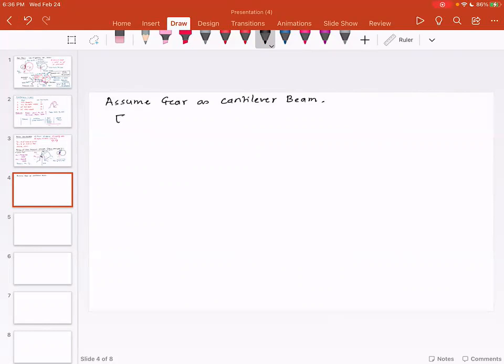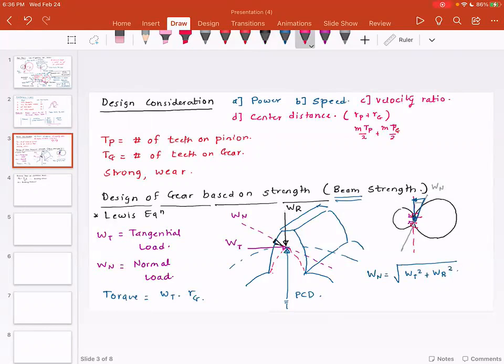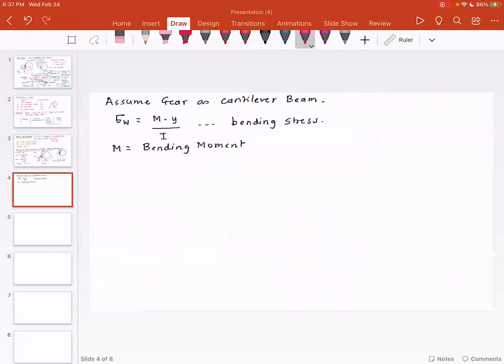So I'm going to find the bending stress on the gear, and I'm going to call it sigma W, which is M, the moment, multiplied by Y divided by I. Now, M is the bending moment, and let's assume this height from here to here to be equal to H. So the bending moment is going to be Wt times H, where Wt is the tangential load and H is the length of the tooth.